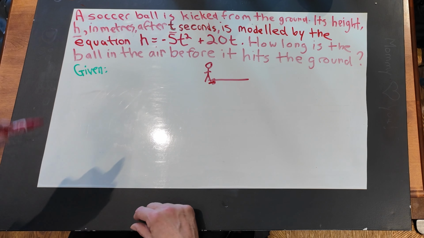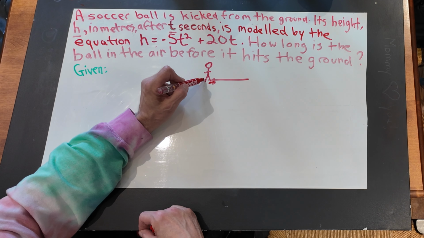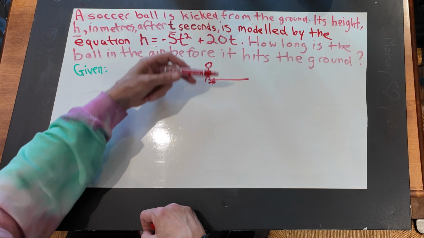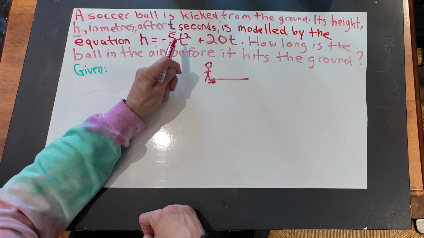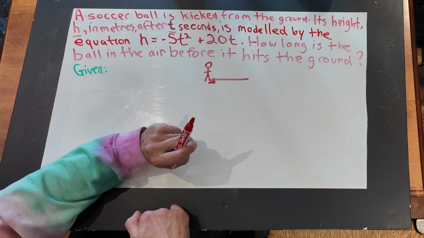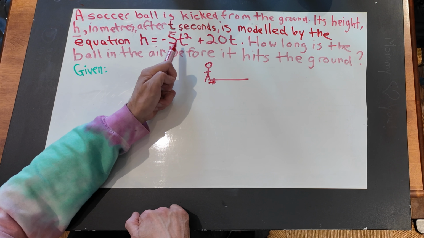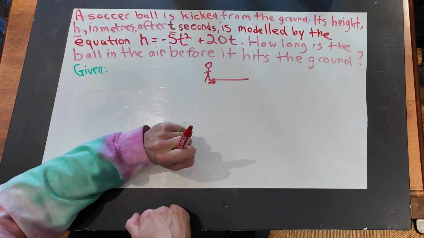This formula is for this specific kick. Now, if he kicked it flat along the ground, it would never go up, right? The h would be 0. You can kick the ball and have it just roll right along the ground. That would be a specific kind of formula, and you would have h is equal to 0 times t. No matter what the time is, the height is 0.